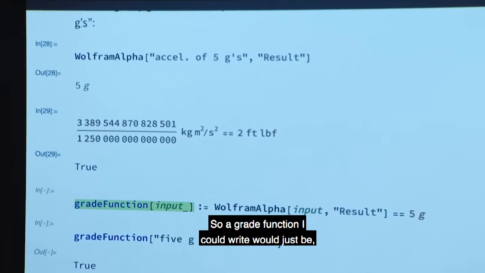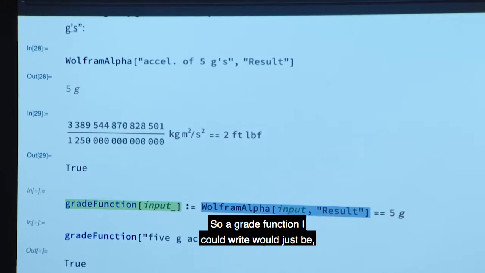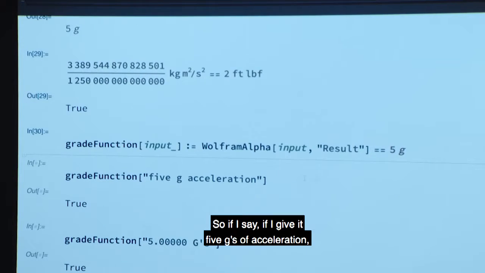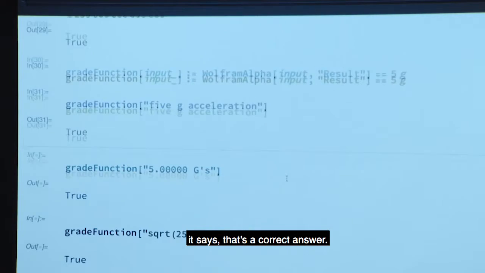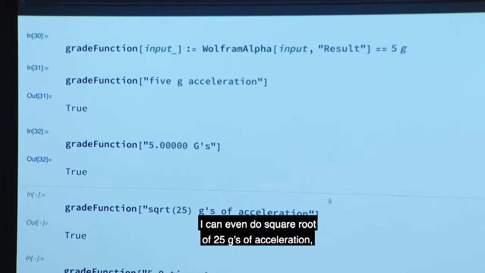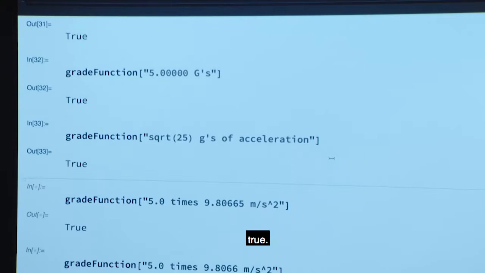So a grade function I could write would just take the input, let Wolfram Alpha interpret it and get a result, and then see if it's equal to 5 Gs. So let's do that. If I give it 5 Gs of acceleration, it says that's a correct answer. If I say 5.0000 Gs with a capital G, it'll take that. I can even do square root of 25 Gs of acceleration. True.